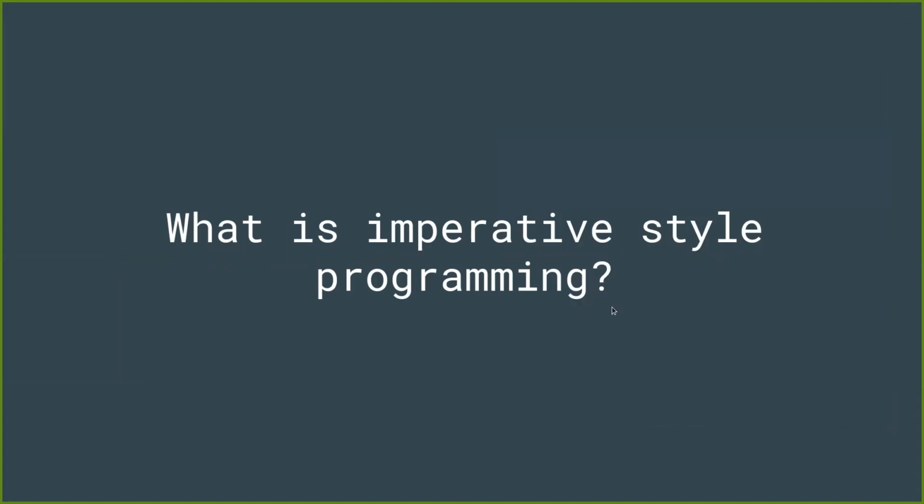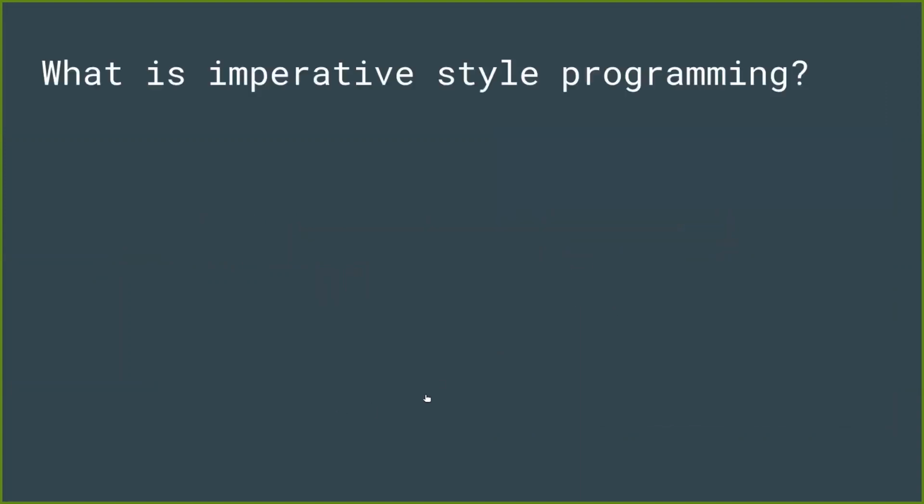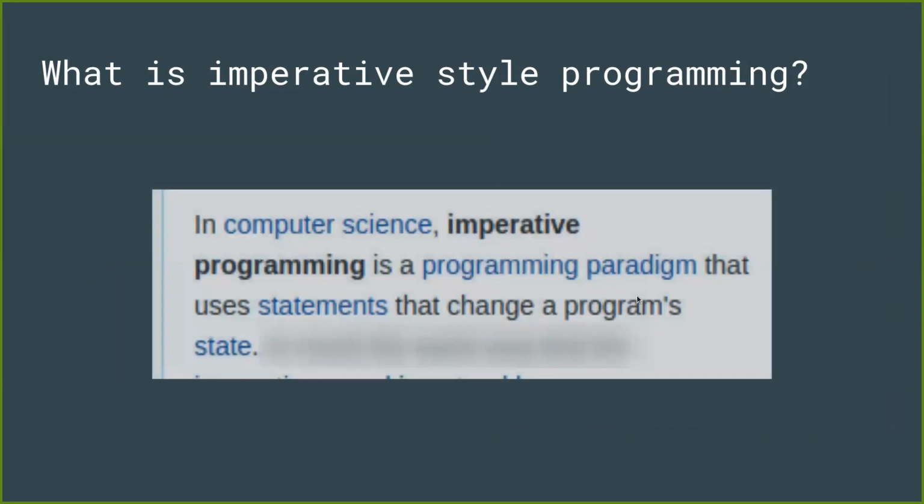So we'll start with the first question, and the first question would be, what is imperative style programming? And let's try to define it. Well, this is what Wikipedia says: it's a programming paradigm that uses statements that change program state.